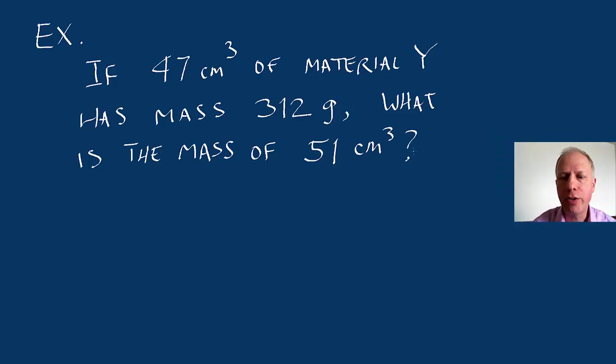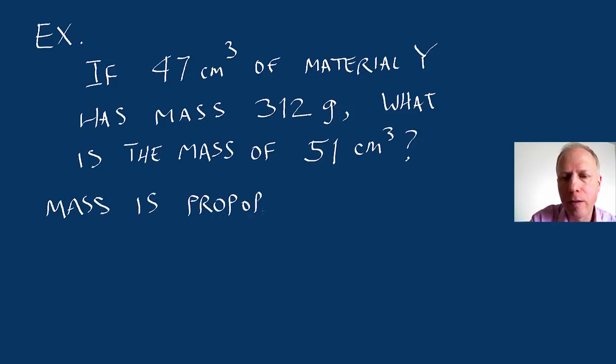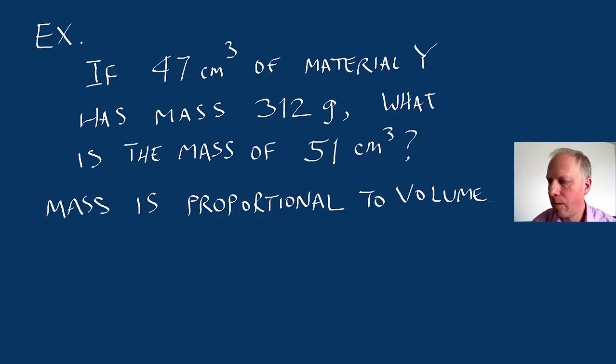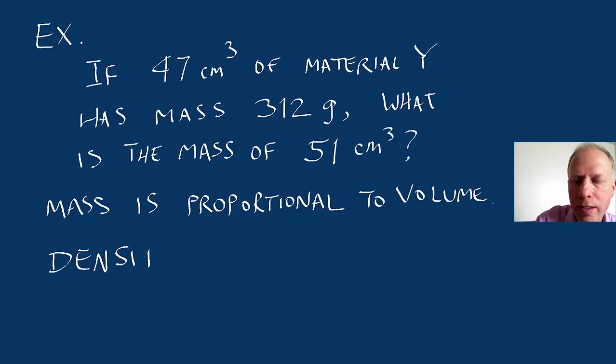The idea that you used in the first example and that we need to use again in the second example is that for objects of a given substance, mass is proportional to volume. In fact, there is something called density that is a kind of proportionality constant.